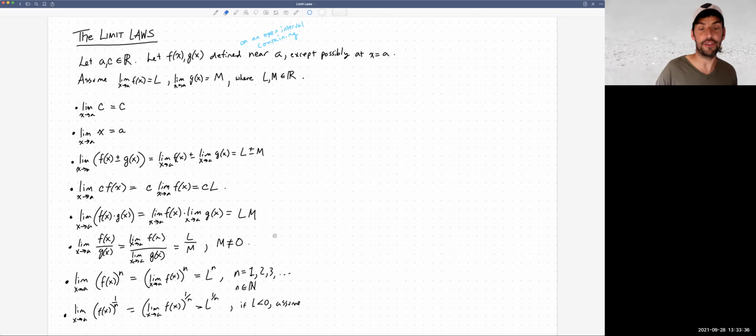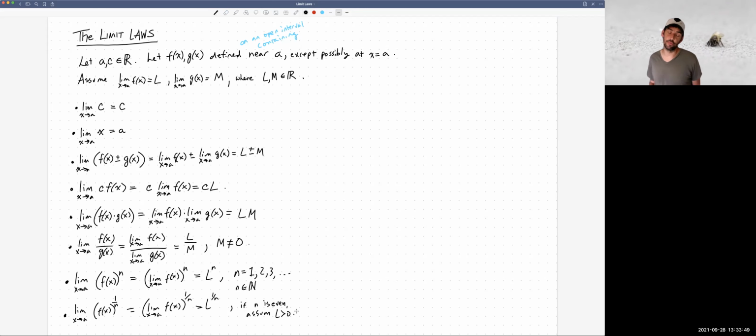Let's say it this way: if n is even, assume L is greater than 0, or 0. Right, if L is negative and we're taking a square root or a fourth root, then we're going to end up with complex numbers, which we're not dealing with. Okay, all right, so there's our first set of rules for actually computing with these limit laws.